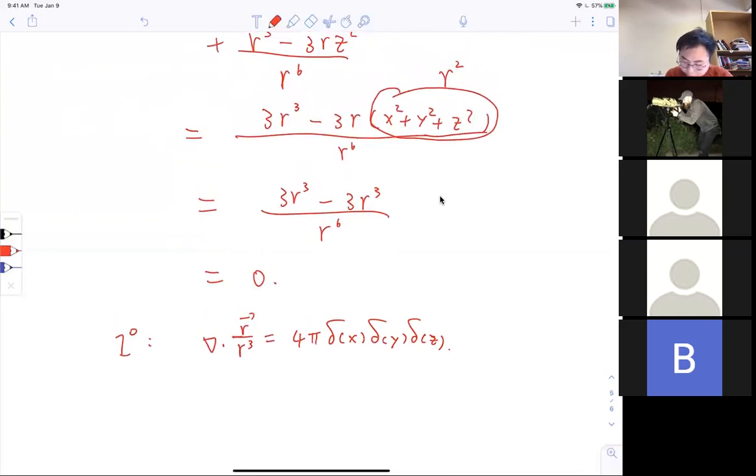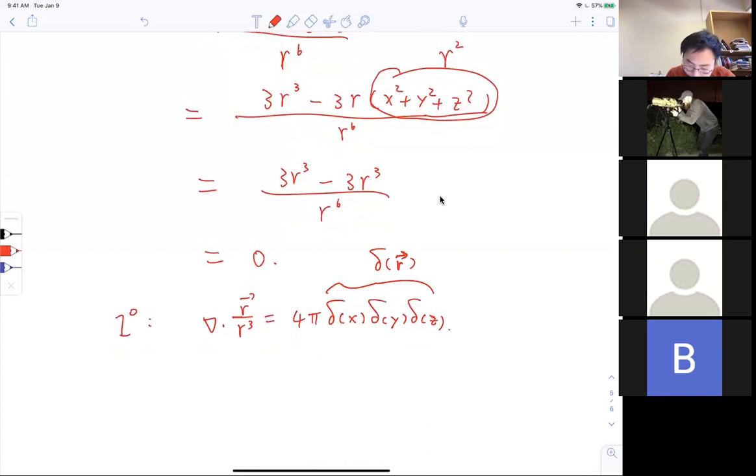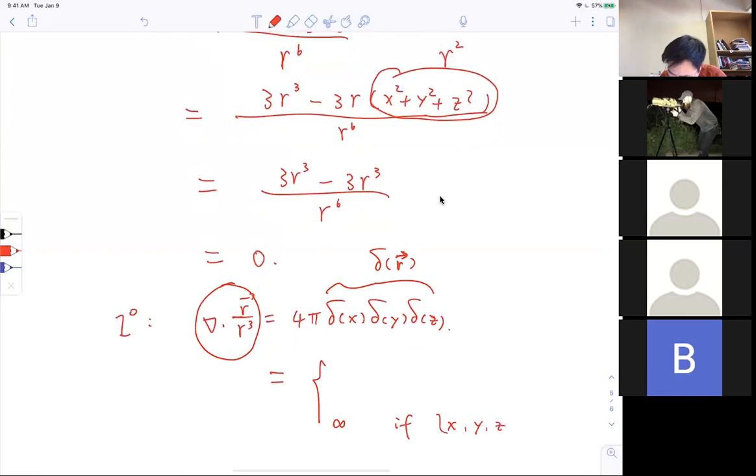Basically 4 pi delta x delta y delta z. This delta x delta y delta z we usually just denote as delta r. You can see that this is infinity if x, y, z is equal to 0, 0, 0. Otherwise, it's 0.